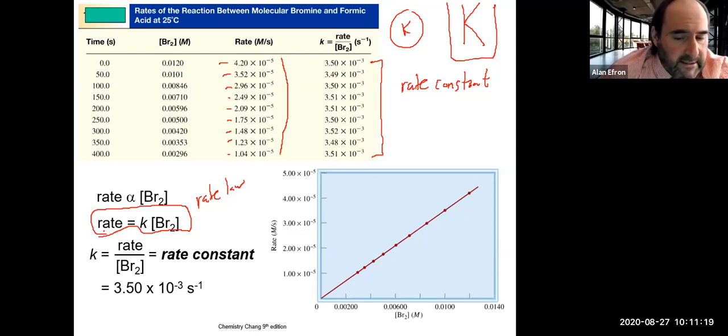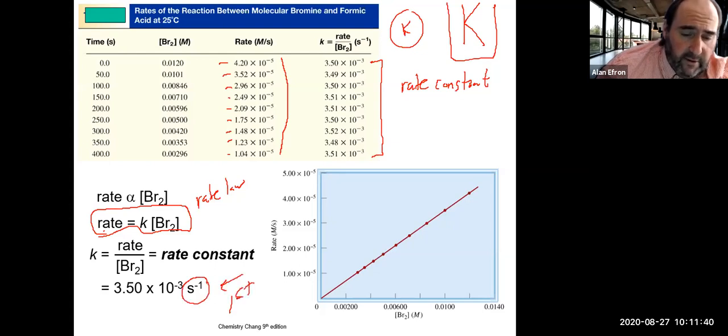Reciprocal seconds is the units there, 1/seconds. We'll talk about this a little later in this chapter as well. The units that we see associated with this rate constant will tell us the type of reaction that's happening. As we will talk about later in this chapter, when you get units of reciprocal seconds, that usually tells you this is what is referred to as a first order reaction. And again, we will get more into that a little later.